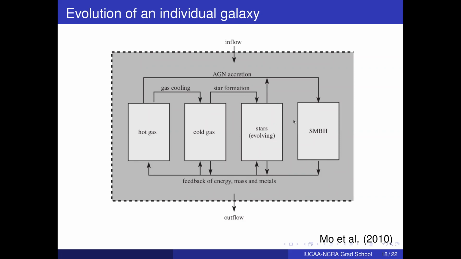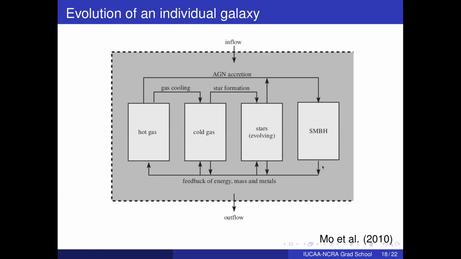If there is a supermassive black hole, the stars could be eaten up by the supermassive black hole or tidally torn up. The hot gas itself could fall into the SMBH. The cold gas could turn into hot gas when it approaches the SMBH and then fall into it. So AGN accretion will have an effect.